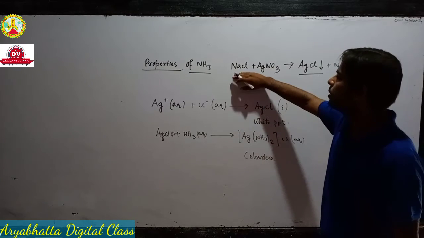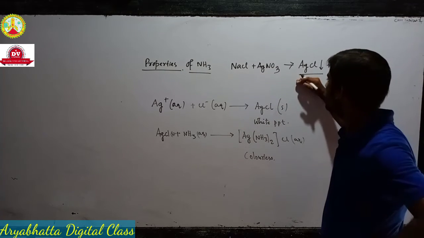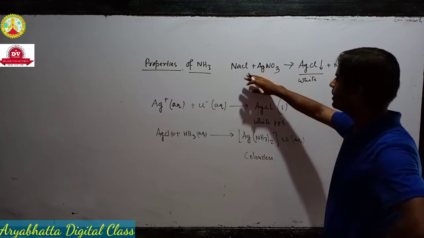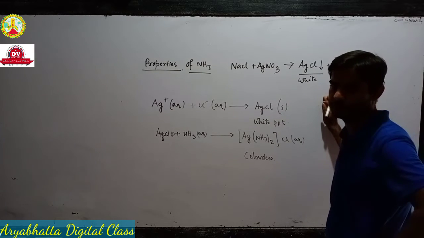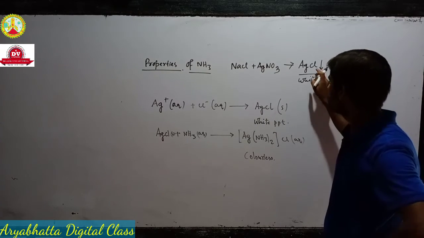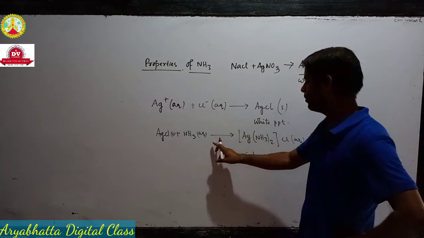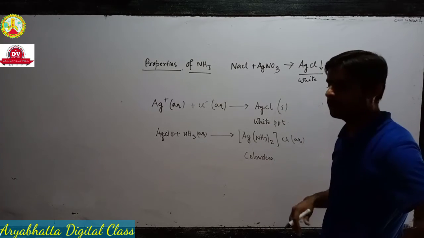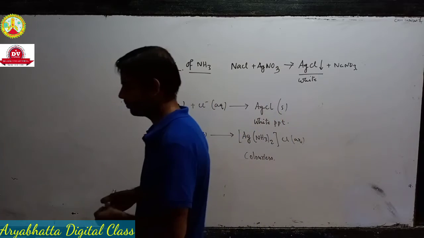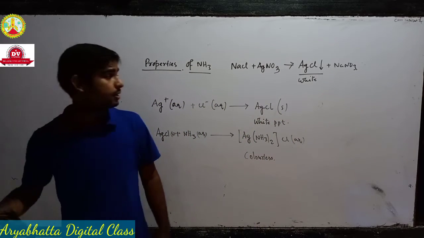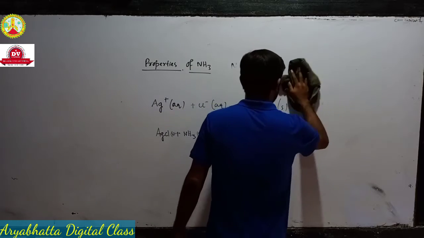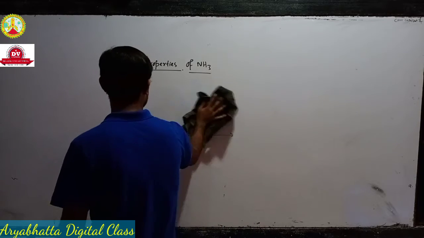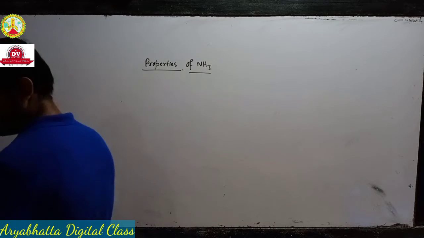If we take sulfate, then the same white precipitate will appear. But the difference is the chloride precipitate will dissolve in aqueous ammonia, which will confirm the presence of chloride ion. But if it is sulfate, then it will not dissolve. So this is how the acid radical chloride is detected using this reaction.